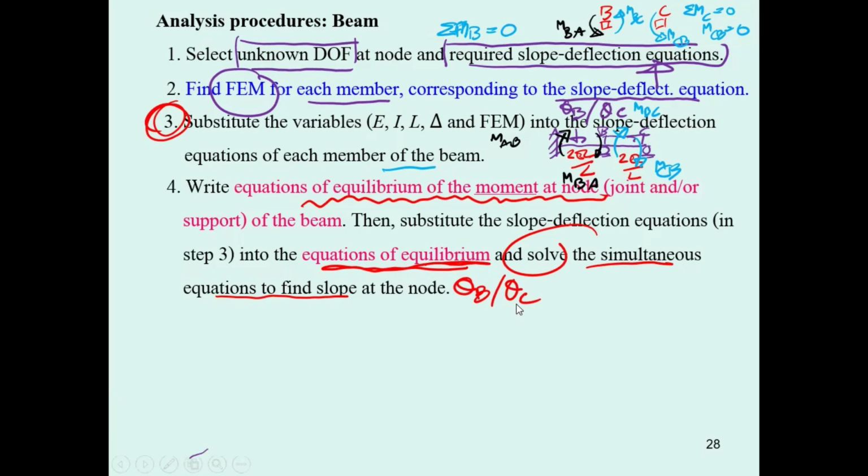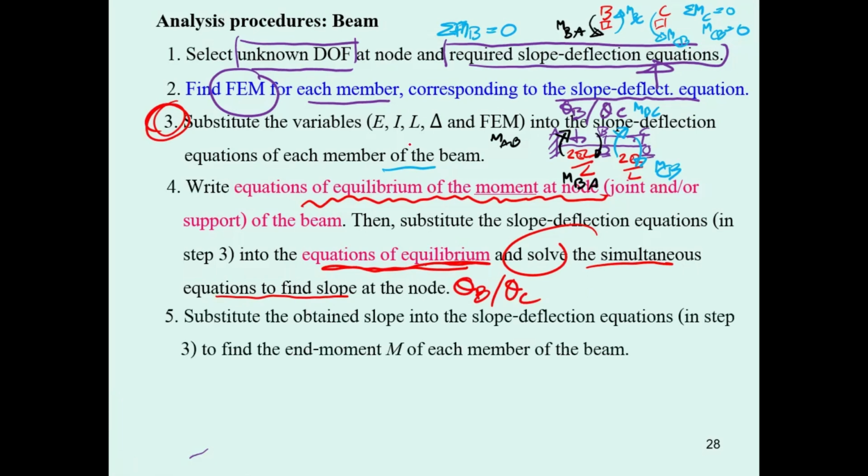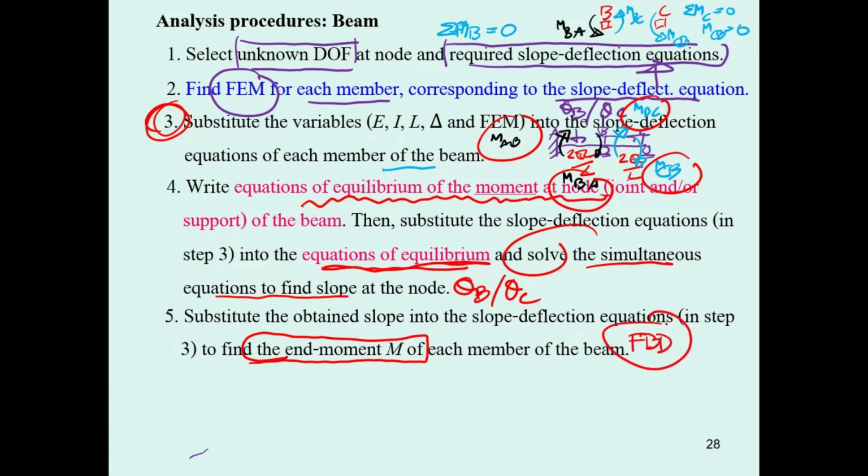After you get the unknown degrees of freedom, you plug them back to determine M sub AB, M sub BA, M sub BC, and M sub CB. You get the end moments. From the end moments, you will draw the free body diagram.